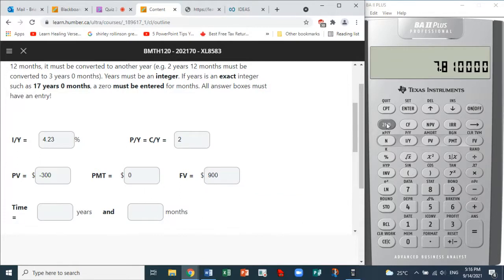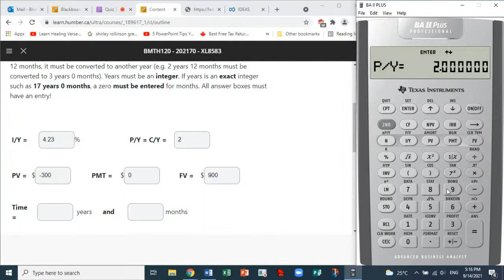Okay, so we do what we know. Second IY, the 2 is there, but we can decide to go and enter it again. And then we come out of there. We skip over n. IY is 4.23. Present value is 300, and that we will make it negative.